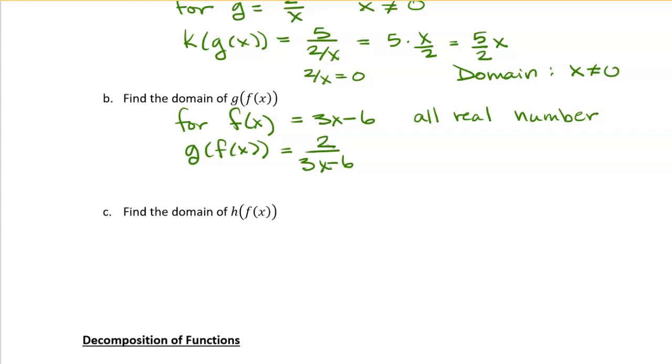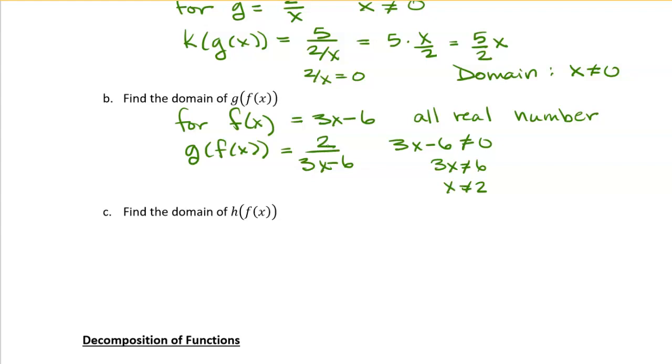So what are the valid f of x values? Well, we know that 3x minus 6 can't be equal to 0, because we can't divide by 0. So what does that mean for x? Let's rearrange this: 3x cannot equal 6, and then x cannot equal 2.